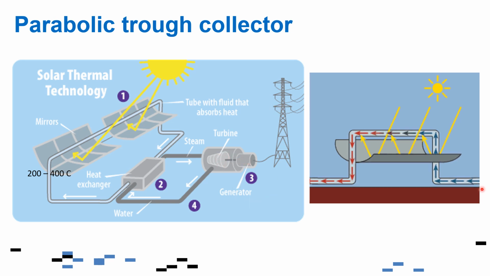So you can see from this part here, cold water or cold fluid comes in, is heated up, and goes out as hot fluid. So this is the mechanism for parabolic trough. So it's a line concentrator.